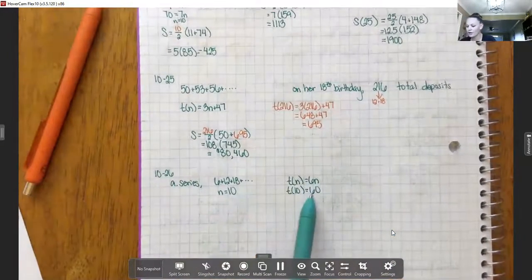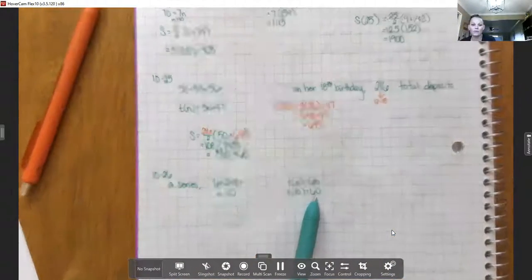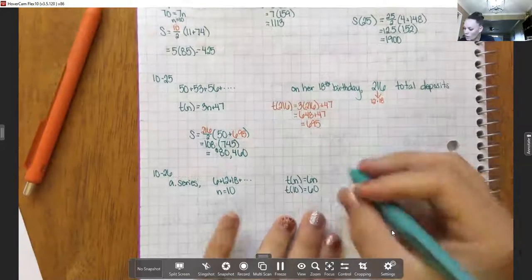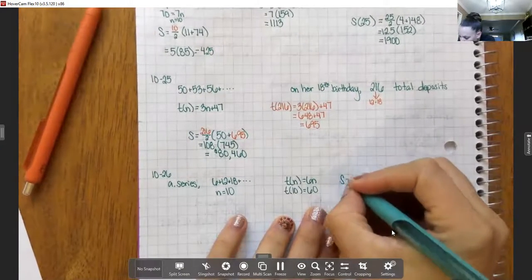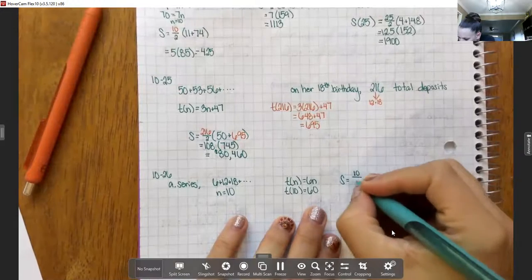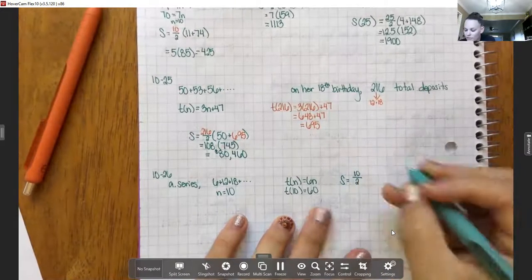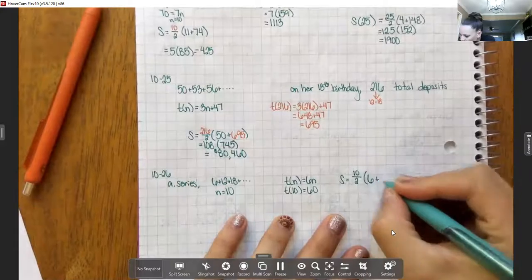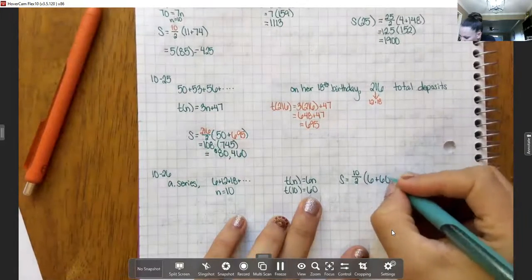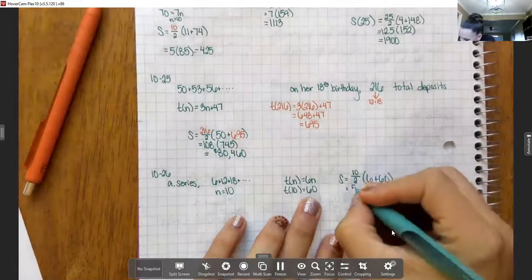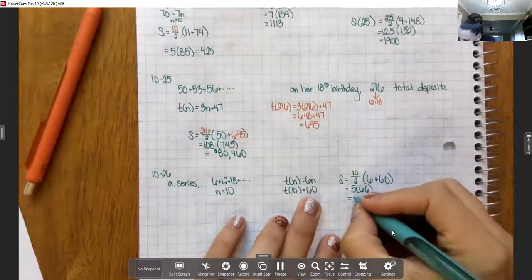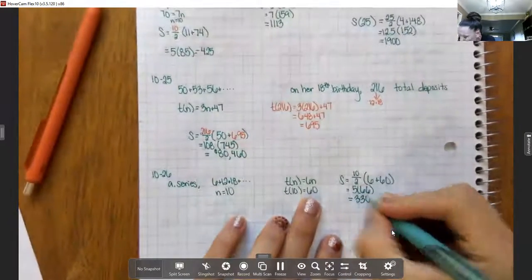That 10th ring is going to have 60 cells. So my sum here, 10 rings, cut that in half. First ring had 6 cells, and the 10th ring has 60. So 5 times 66 is going to be 330.